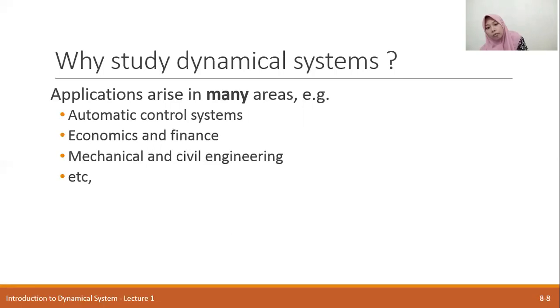Some of the notation will be different, but it is very close to what we will be looking at in this class. The third one is mechanical and civil engineering, where you see things like dynamics of structures and building systems, and all sorts of other stuff.